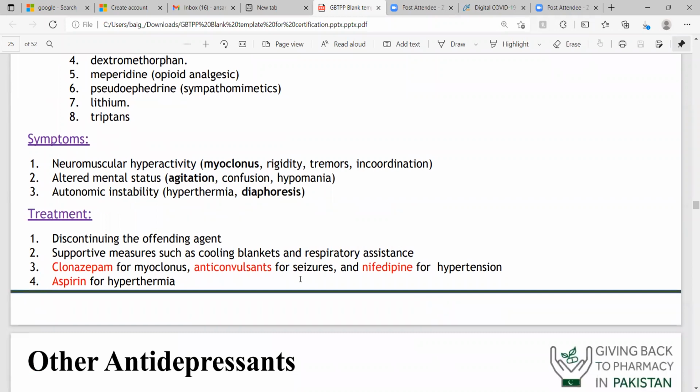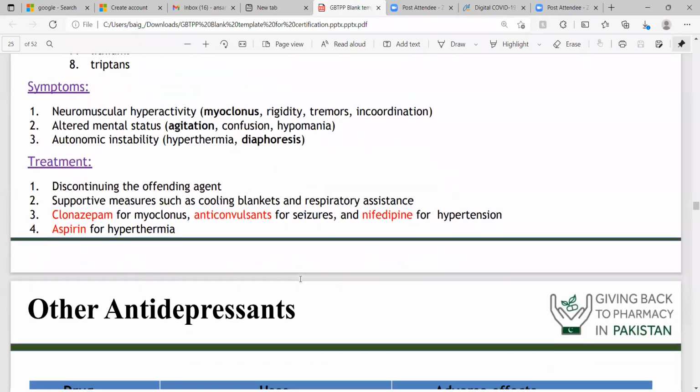Treatment is almost the same as we discussed in neuroleptic malignant syndrome: discontinue the offending agent, supportive measures like a cooling blanket if the patient has very high fever, and respiratory assistance. If the patient is developing seizures, normally we treat with clonazepam and aspirin for hypothermia.